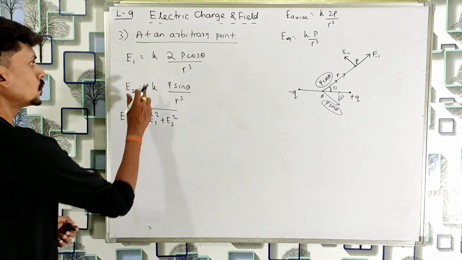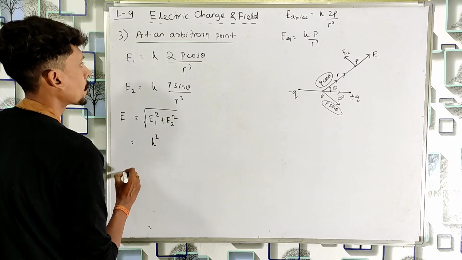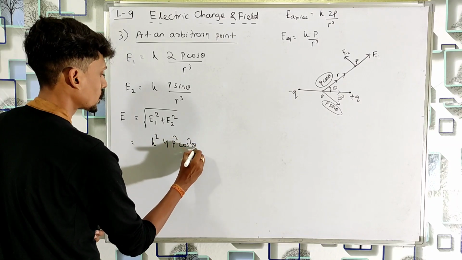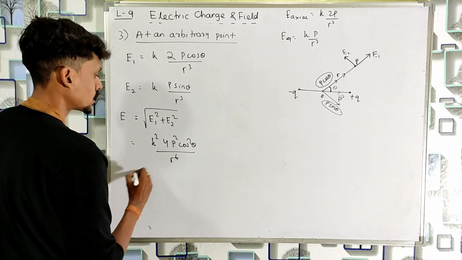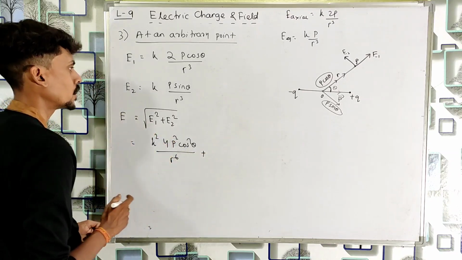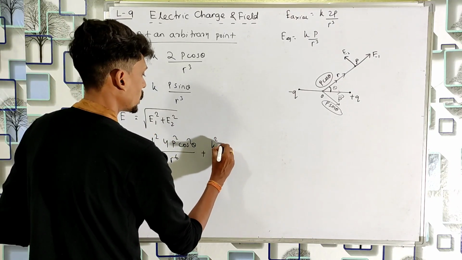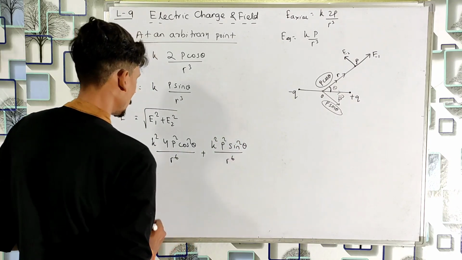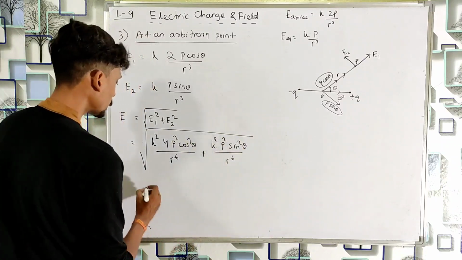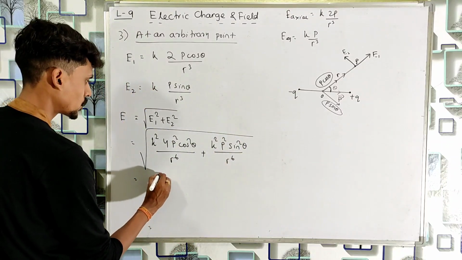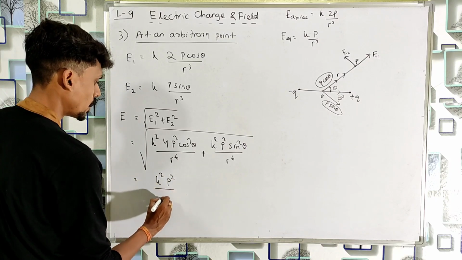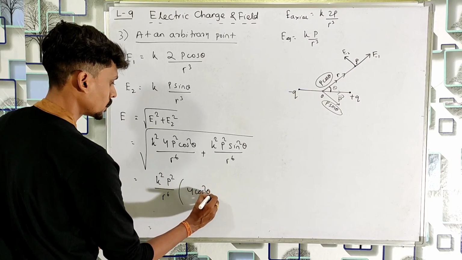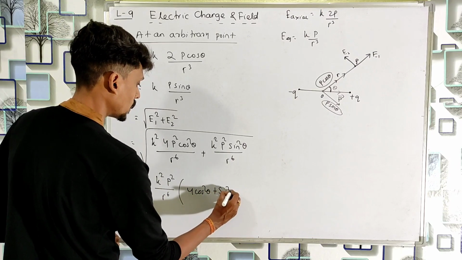What is E1 square? E1 square will be K square into 4P square cos square theta divided by R to the power 6, plus what is E2 square? E2 square will be K square P square sin square theta divided by R to the power 6, whole square root. Now you can take K square P square divided by R to the power 6 common. You will get the square root of 4 cos square theta plus sin square theta.